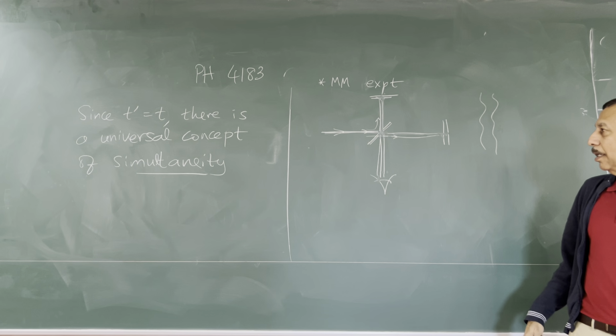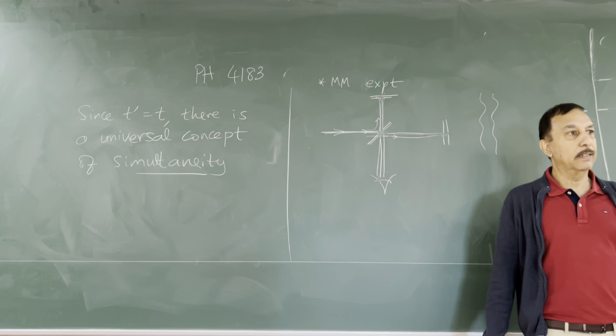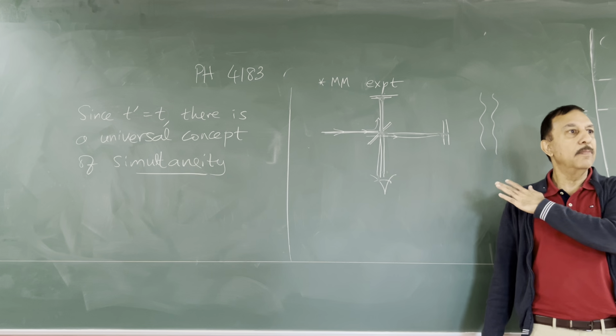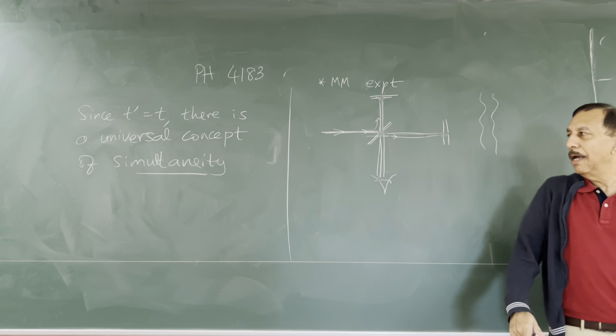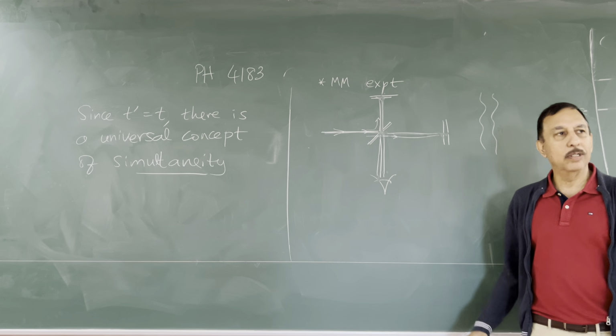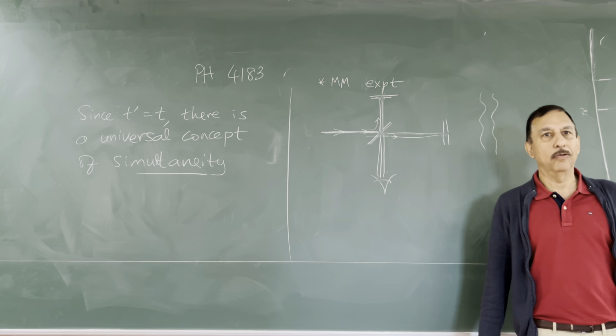In some units, I believe they said something like 0.4 fringe shift was expected. By any estimate of the velocity of the Earth and so on, and the bound they found was below 0.02. So a very good experimental bound.